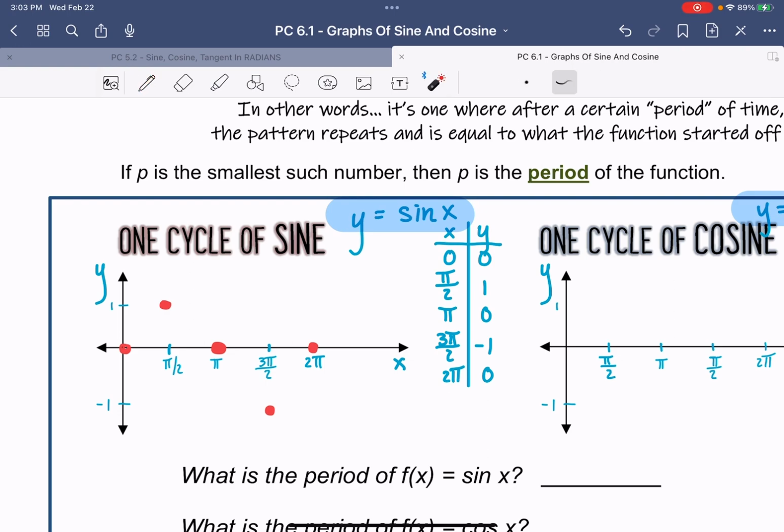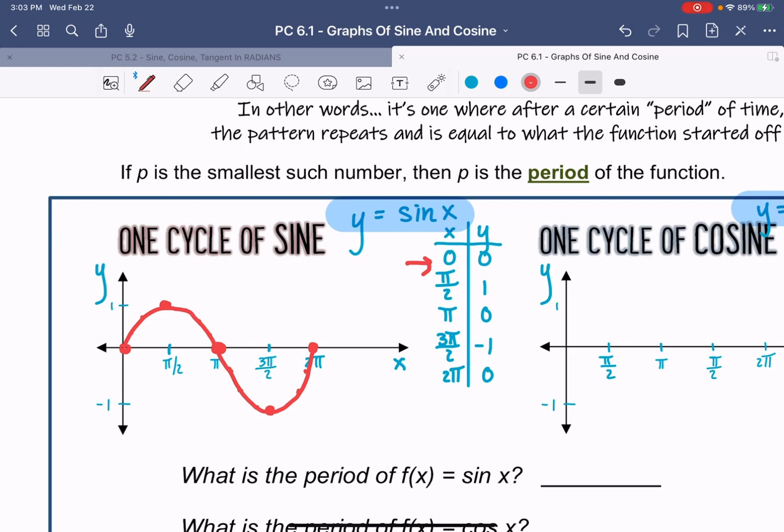Now, of course, I could have plotted all of the points in between, like pi over 6, pi over 4, pi over 3, and you would get a nice looking curve, our sine curve like this.